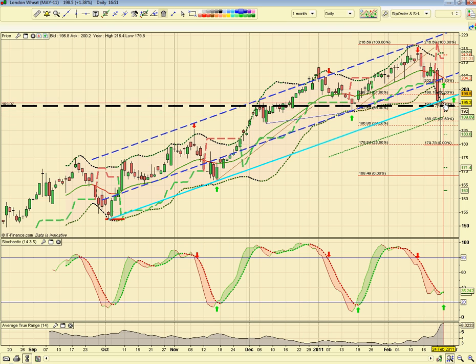This indicates that the market has got overstretched to the downside, and there's a 97% probability that the market will go back within the Bollinger Band. Not to say it has to, but the averages are that this recent fall has been overdone, and therefore the market has to go back within the Bollinger Band.